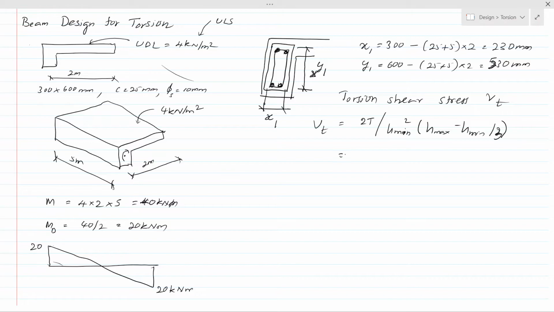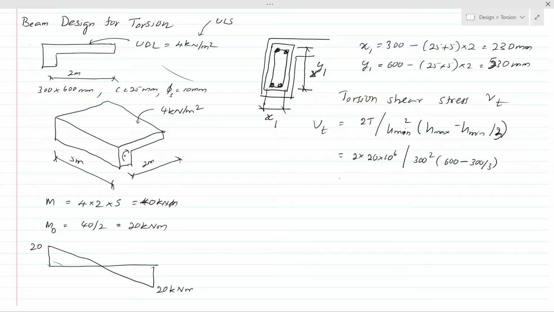Since we have calculated all the values, we can substitute. Torsion moment is 20 into 10 to the power 6 for unit conversion, divided by h minimum, the minimum dimension of the section, that is 300 squared, into h max, the maximum dimension of the section, that is 600 minus h minimum 300, divided by 3.